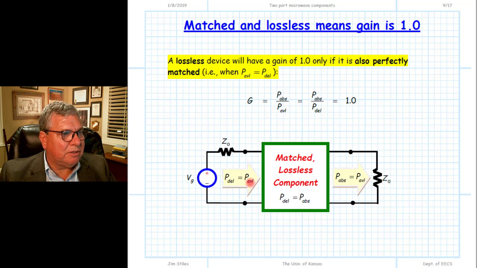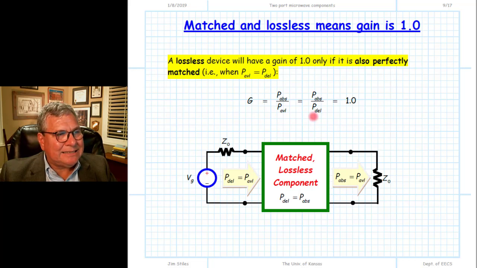They are equal to each other when the input impedance is equal to Z0. So under that condition, we have matched and lossless. The gain of our device from either definition is going to be equal to 1. The power absorbed to the power available is equal to 1. The power absorbed to the power delivered is equal to 1.